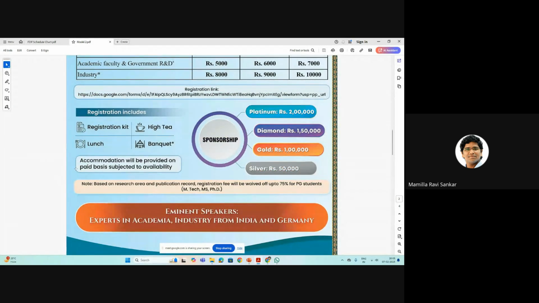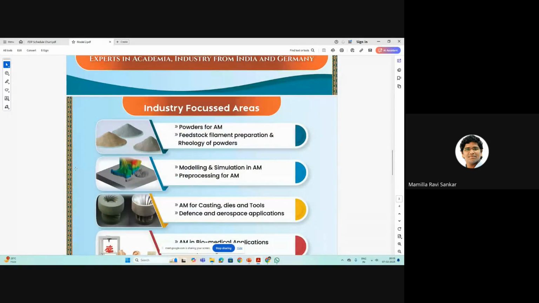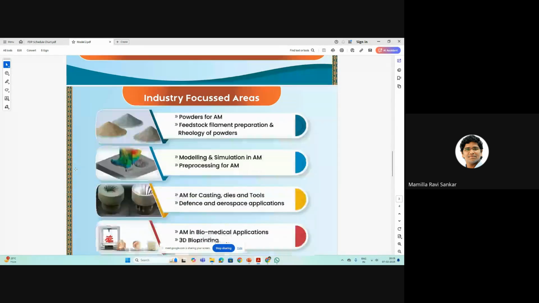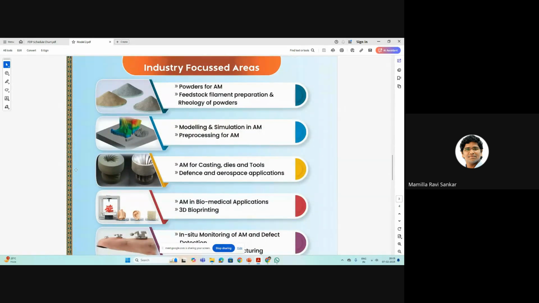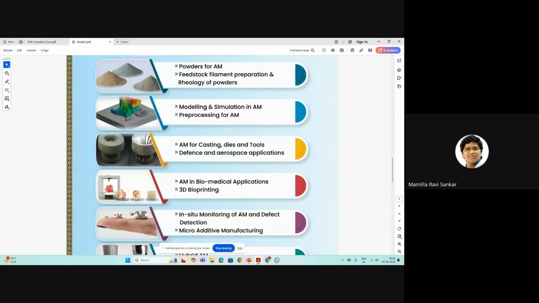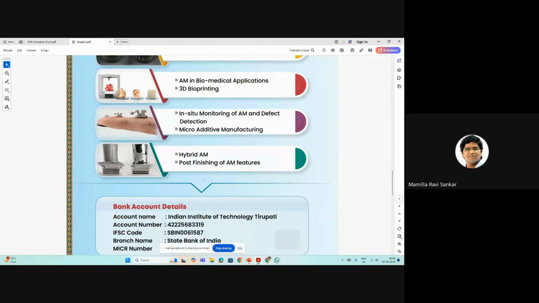We are going to release the speakers list tomorrow or the day after. We are working on it. The focus areas are powder manufacturing for additive manufacturing, feedstock, modeling and simulation, AM for casting, dies and tools, defense and aerospace applications, biomedical applications, bioprinting, micro additive manufacturing, post additive manufacturing, and so on.